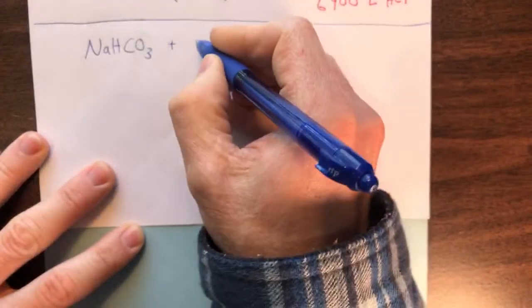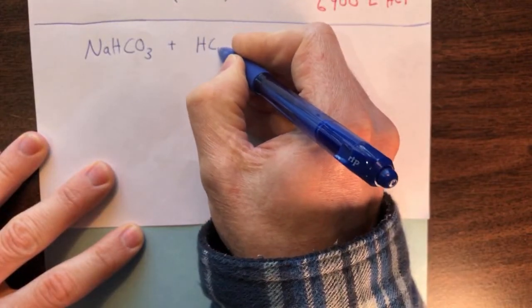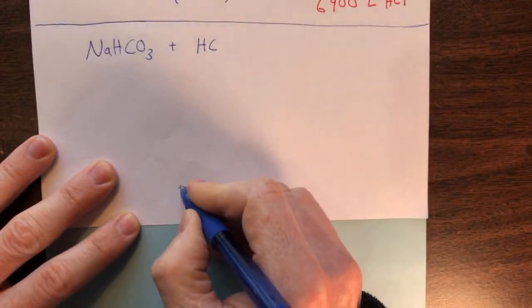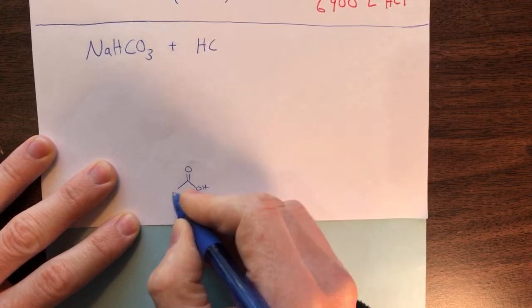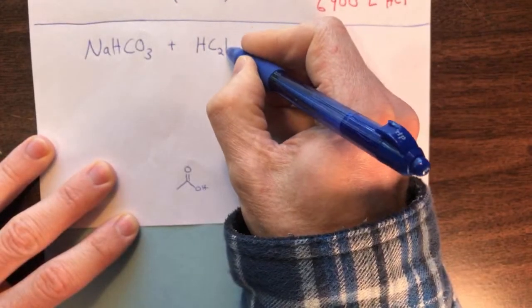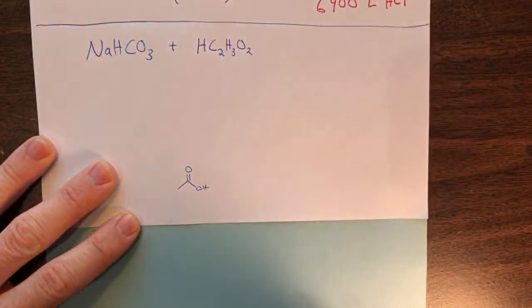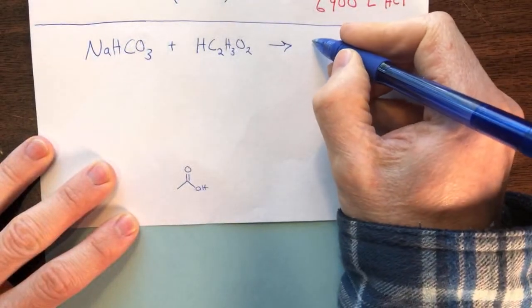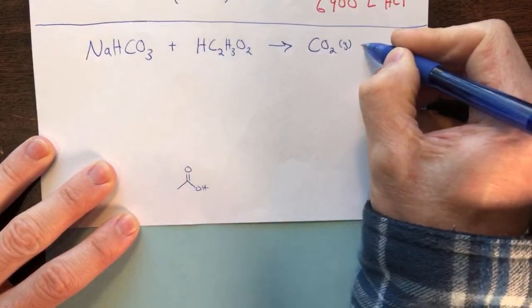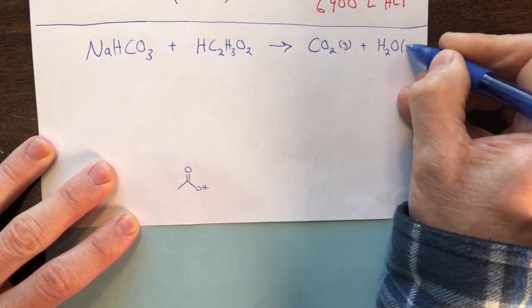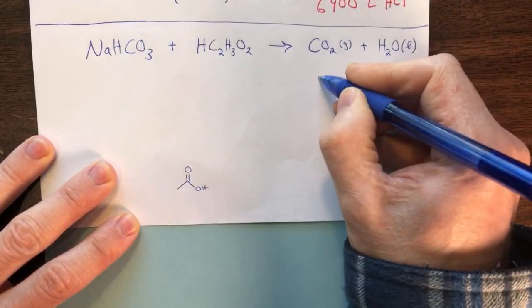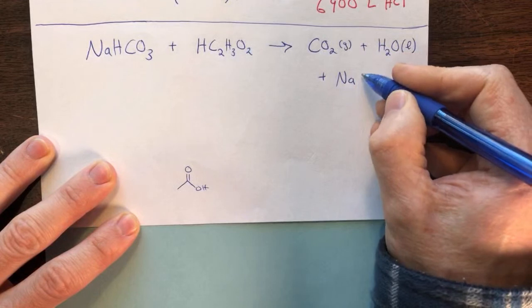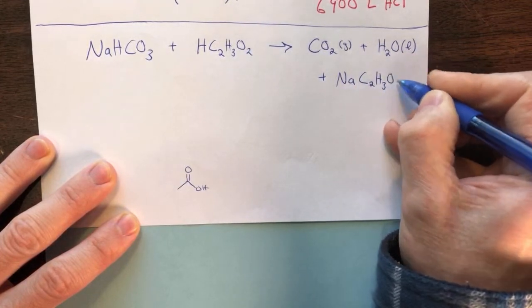And acetic acid is HC2H3O2. So that's acetic acid, and the reaction is going to produce, interestingly enough, carbon dioxide gas plus liquid water, and you're going to get out sodium acetate, NaC2H3O2.